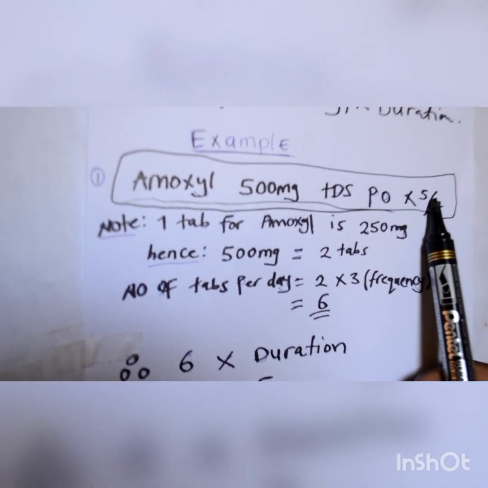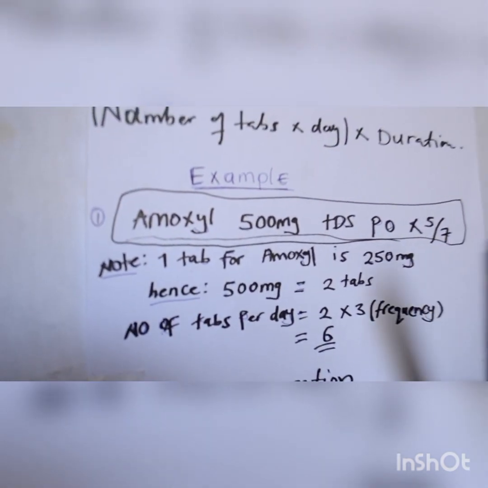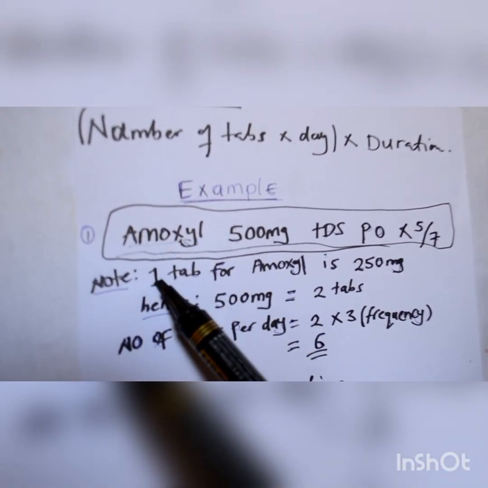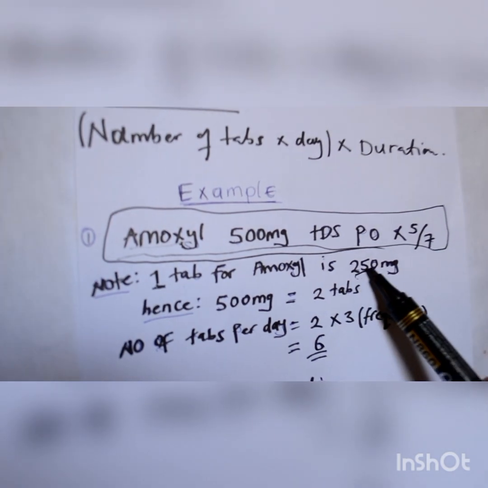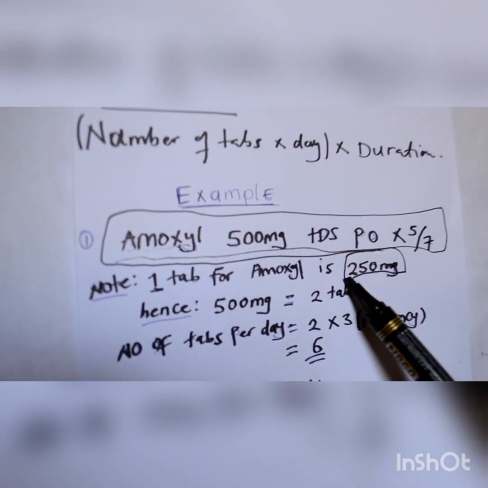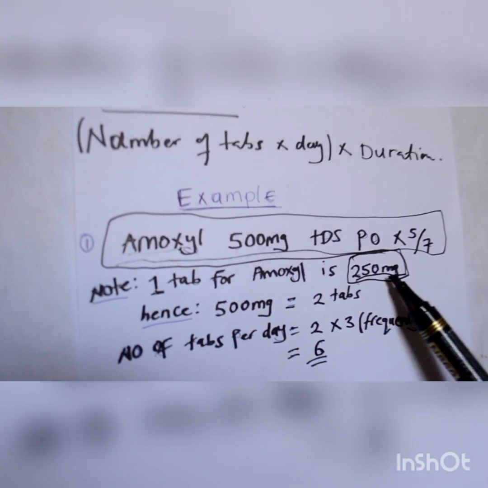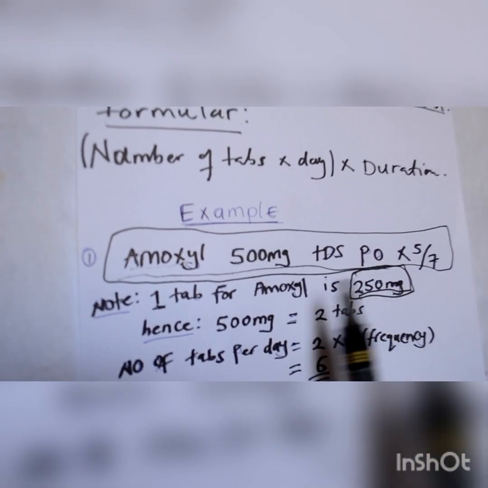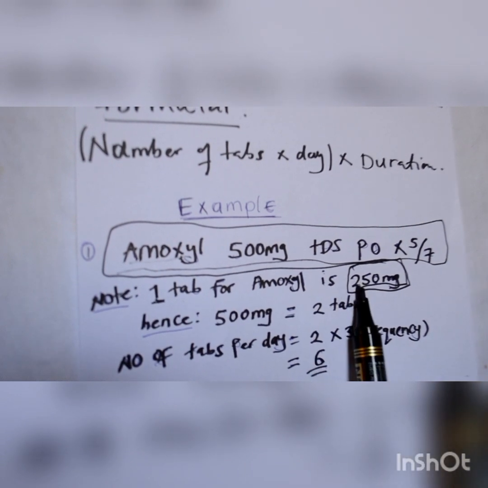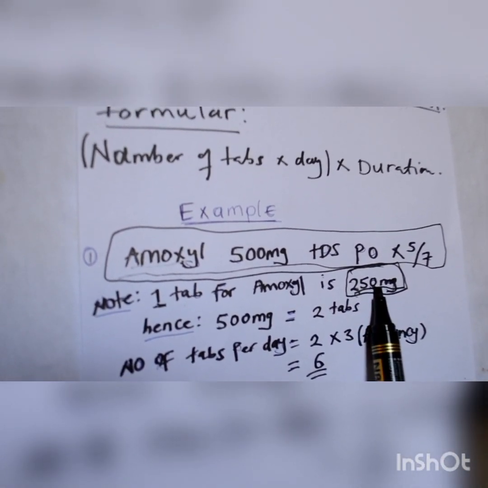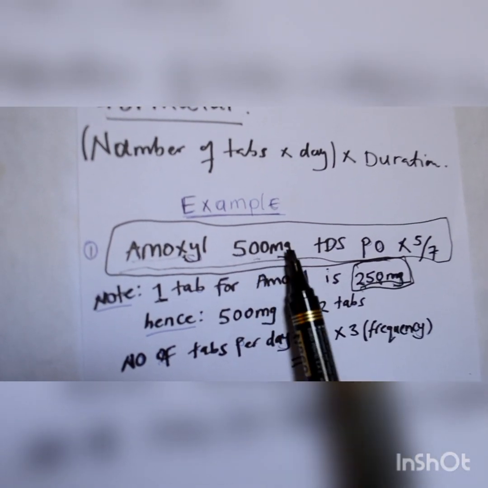So what it means is that you need to take note that 1 tablet of amoxil is actually 250 milligrams. That's the strength of 1 tablet of amoxil. And then you have prescribed 500 milligrams.